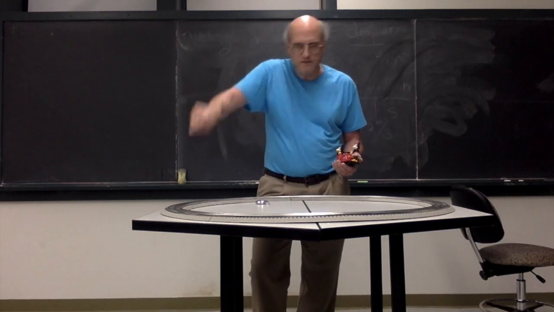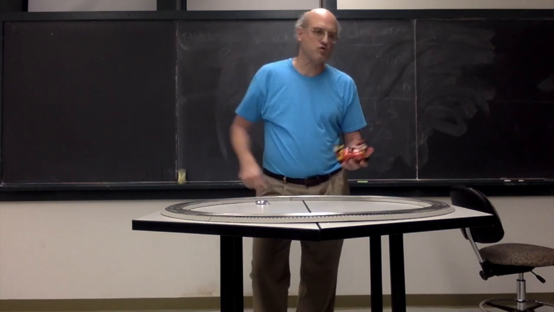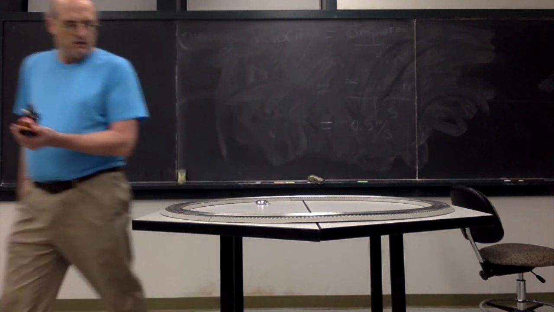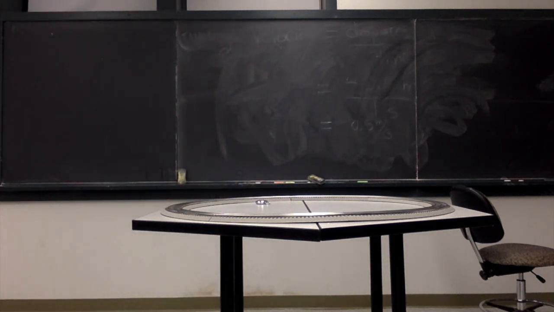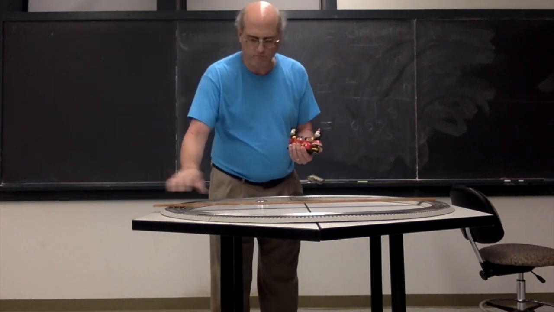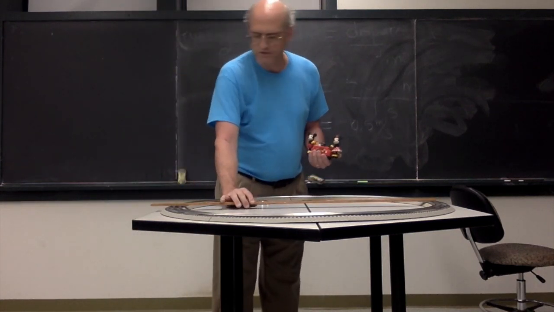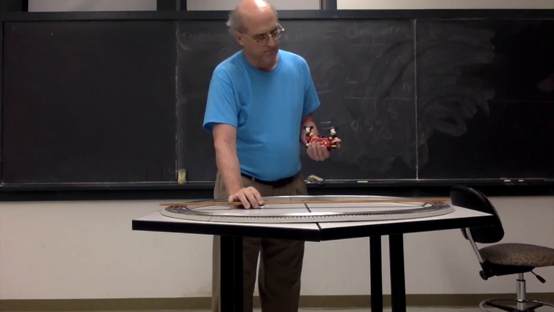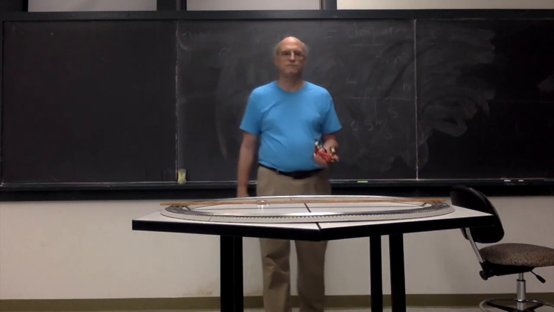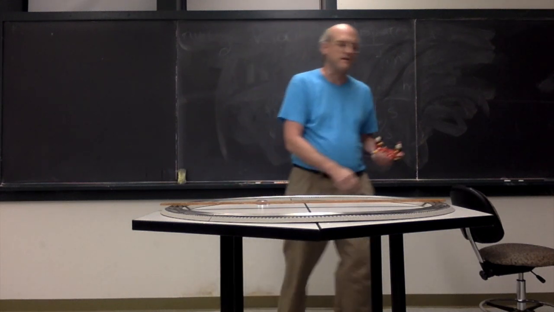Okay, so let's figure out the distance around this track first. Okay, so let me get a meter stick. And we'll just approximate here. Let's just say it's a meter. Okay, close enough. Good enough for government work, as they say.